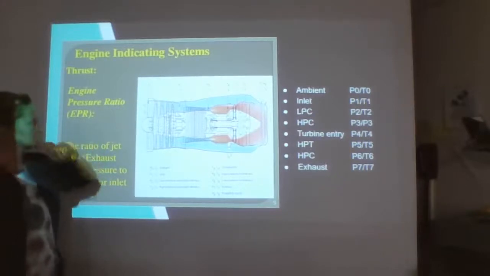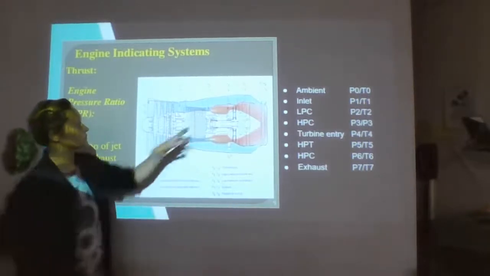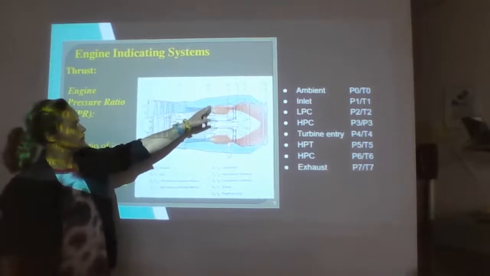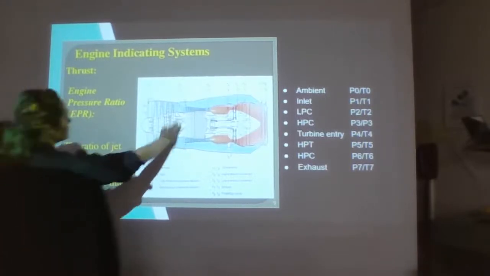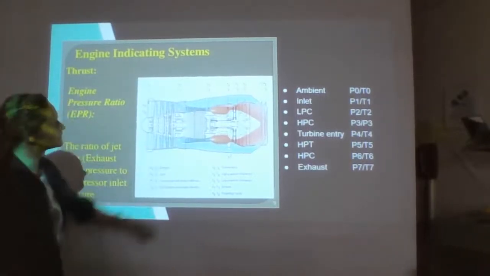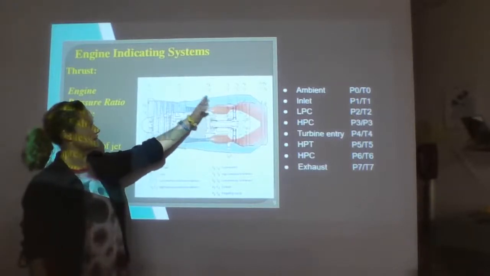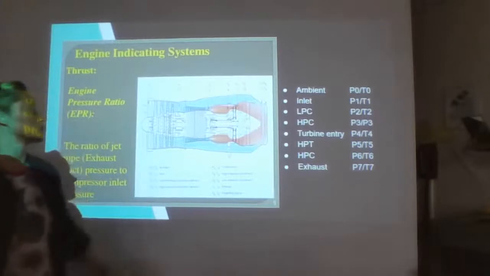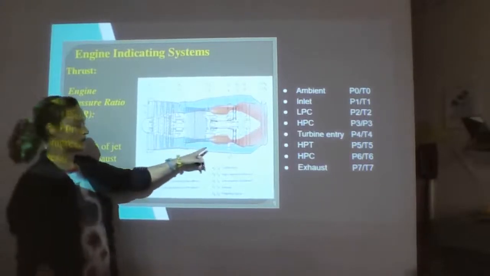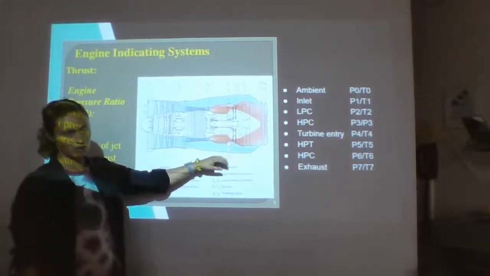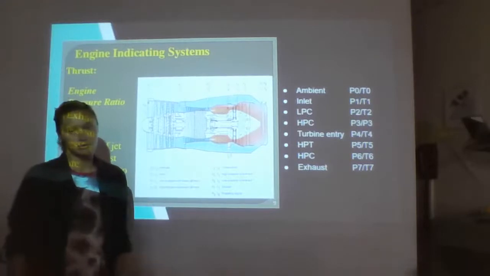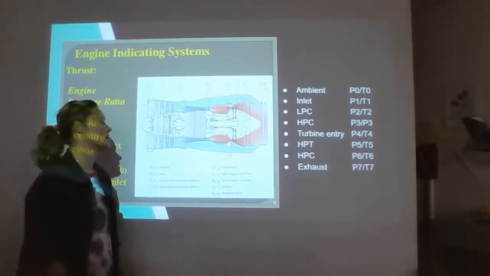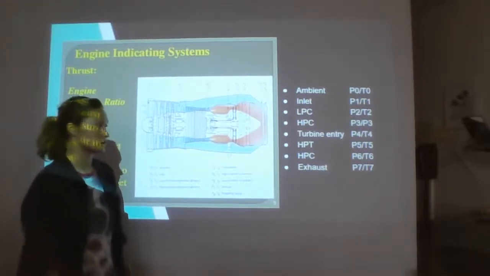Often you're going to see it as PT2. So we have PT2, PT3, PT4, PT5, PT6, and those are all stations where pressure and temperature can be measured for your high pressure and low pressure turbines and compressors.